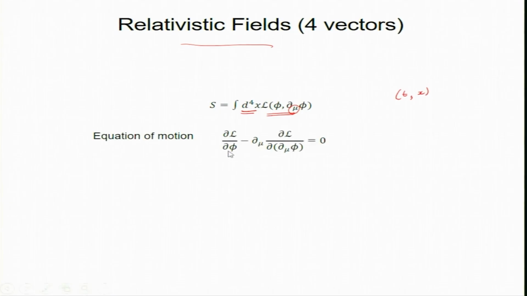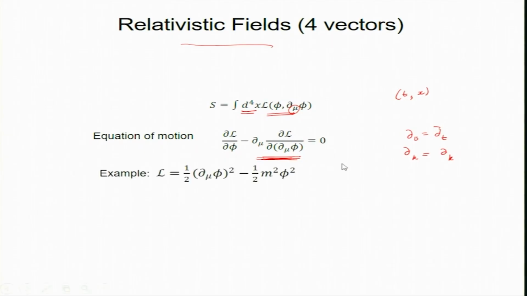So, the equation of motion is this, partial L partial phi, same as before, but those time derivative and space derivative are combined here. d0 is partial dt, and the other ones, like dk, are space derivatives. So, 0 is time and 1, 2, 3 are space. They are combined here. If you write t and x separately, we will get back the same equation.